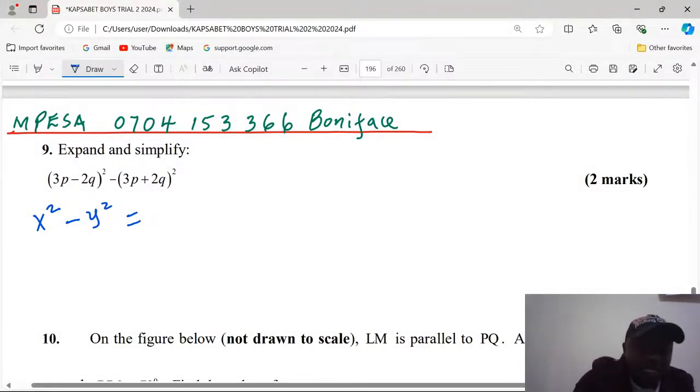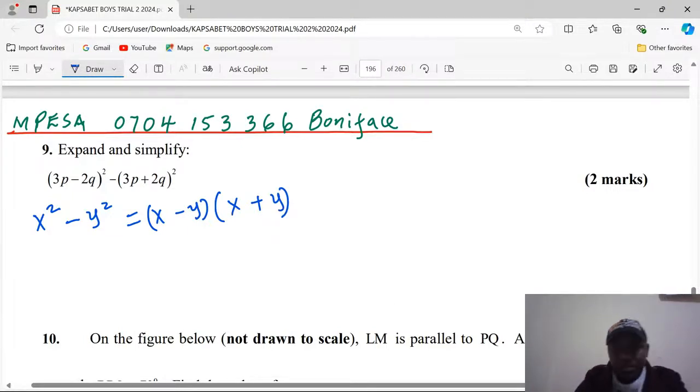So you expand it by taking x minus y, x plus y. We're going to start from such a quadratic identity. That is where we're going to start from.